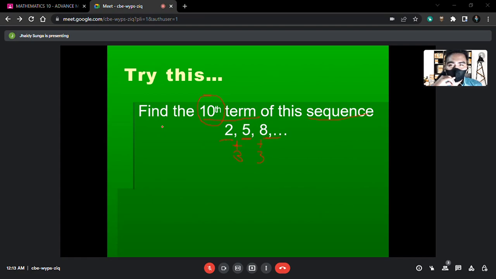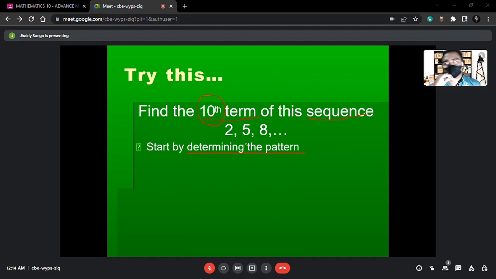If I ask you again, what did we do? The first thing we did was to find the pattern, right? After we found the pattern, we saw that the pattern of this sequence was to add, so the first step is to determine the pattern.